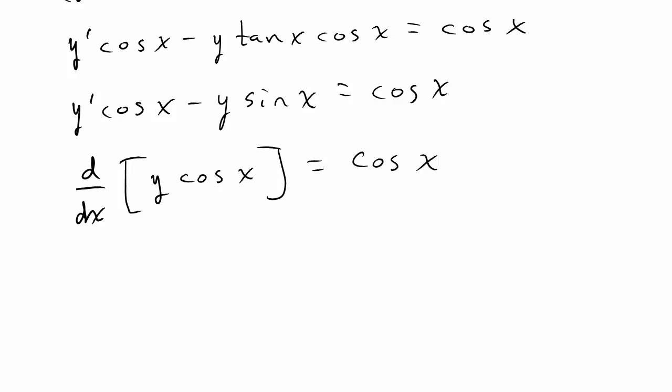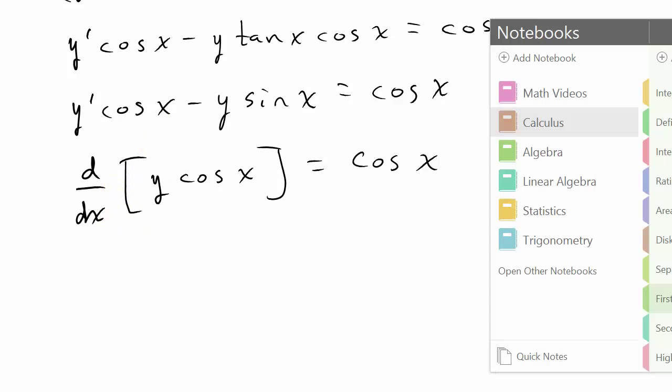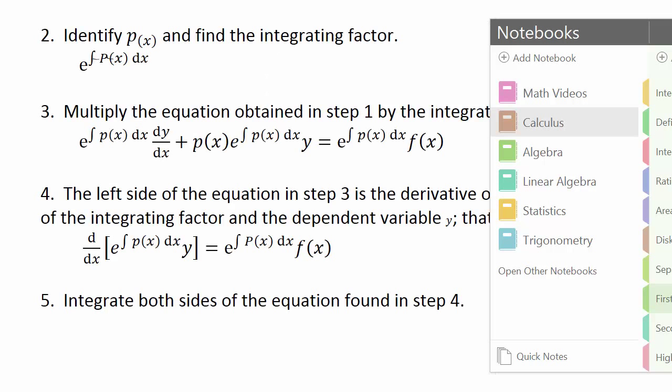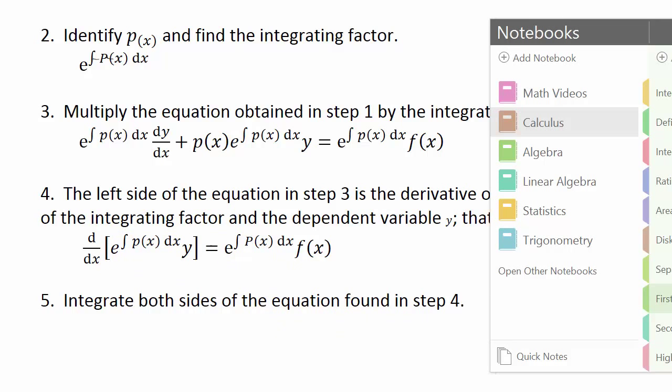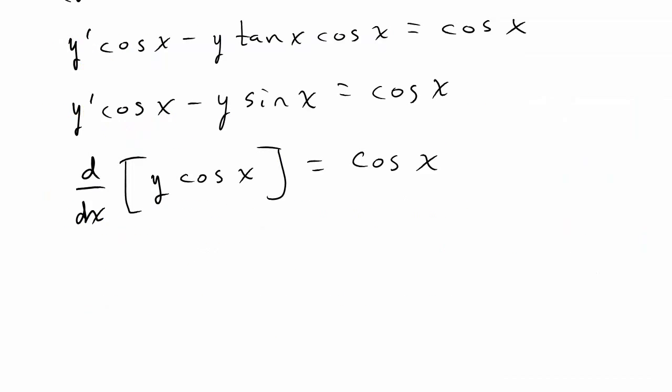Alright, so now it just tells me to do what? Remember the last step? Integrate both sides of the equation found in step 4. So I need to integrate both sides. Okay, so I'll integrate this and integrate this.